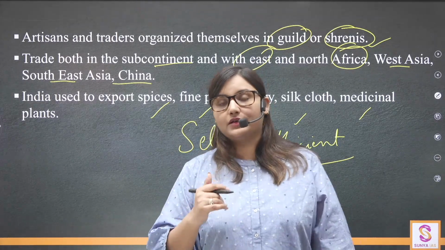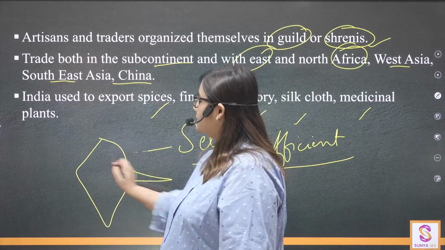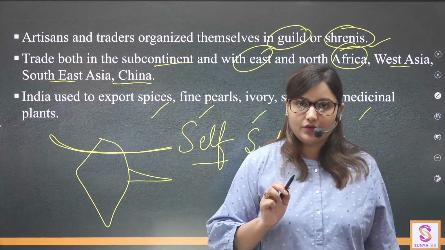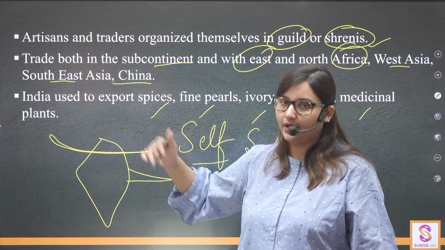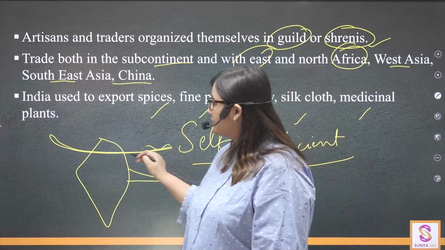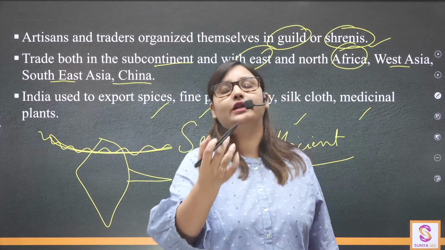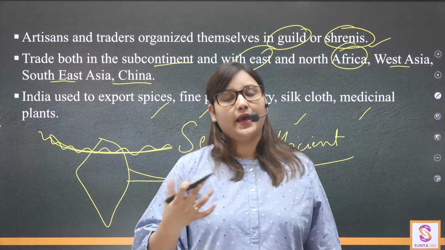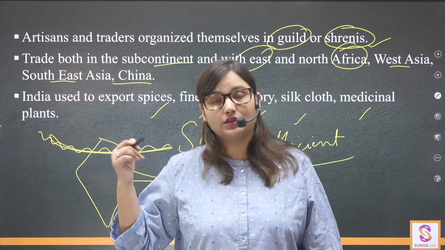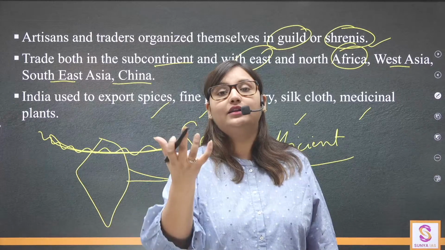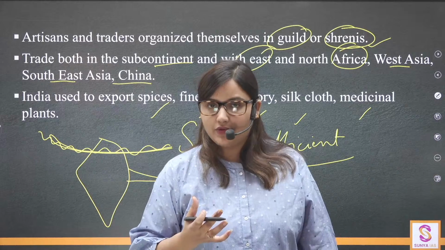Why? Because if this is India, we had a silk route going from this particular region, from North India and the northwestern part. So this silk route became the source of our wealth. Many traders, many artists used this trading route to collect gold and silver coins by selling those items. Fine.